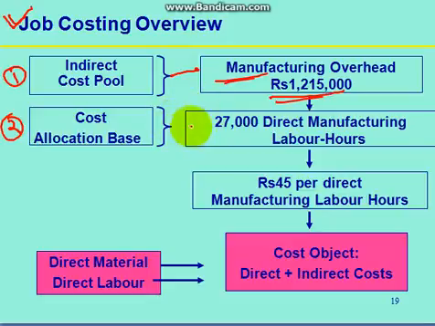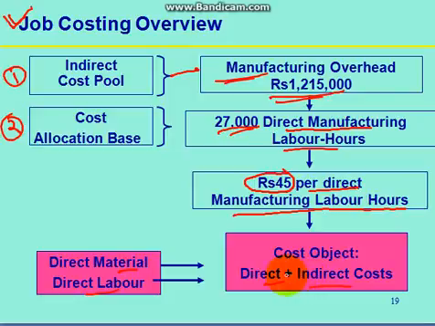And what is the cost allocation base? That is 27,000 direct manufacturing labor hours. So we have calculated that it is rupees 45 per direct manufacturing labor hour. Now the cost object is direct plus indirect cost.